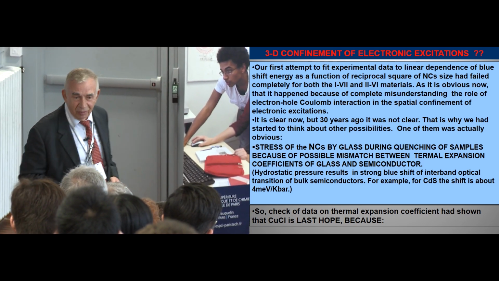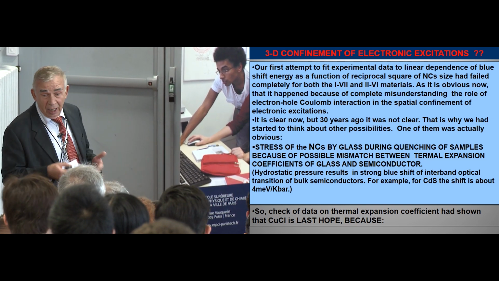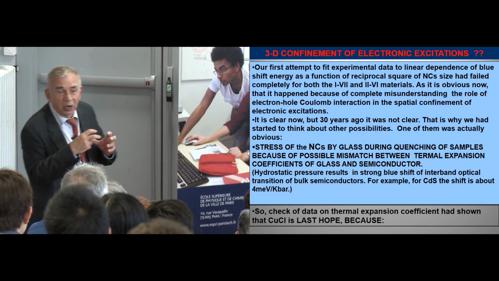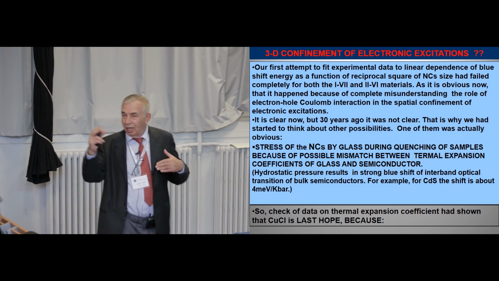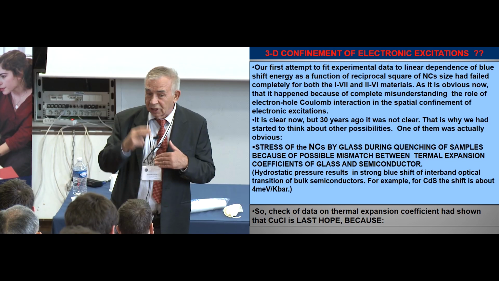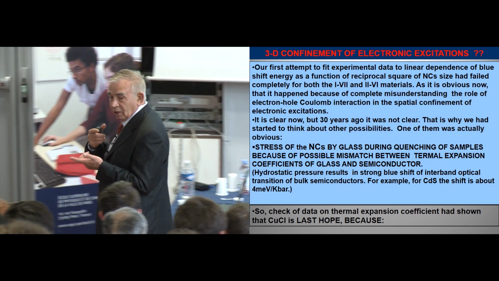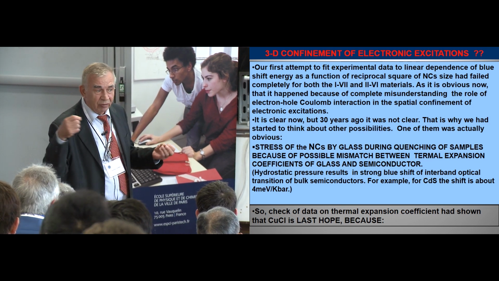We still believed in the quantum confinement, but thought it is somehow compromised by another possible effect of stress, of pressure, which comes to the nanocrystal when we quench the sample. If there is some mismatch in thermal expansion coefficients, we certainly should have the stress.